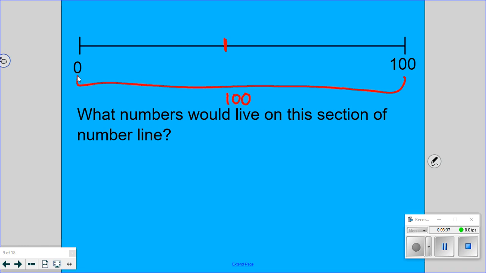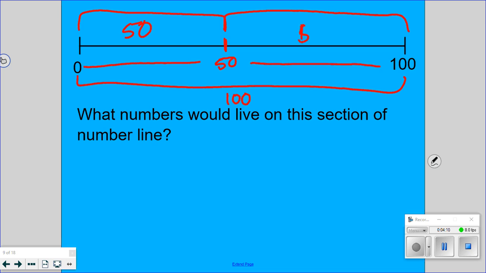What is the middle of 0 to 100? Another way to think about it is kind of what Colby said. We're making two groups. What two groups, when smushed together, give us 100? 50. So if I say 50 is my midway point, then 0 to 50 means this side's got 50 numbers, and 50 to 100 means this side also has 50 numbers. That's how I know that's the middle.